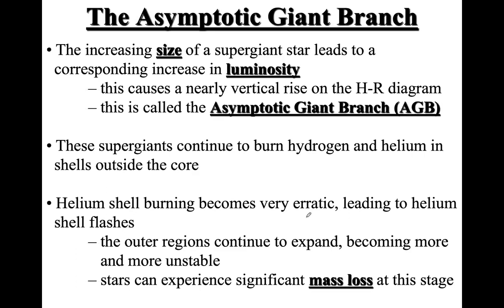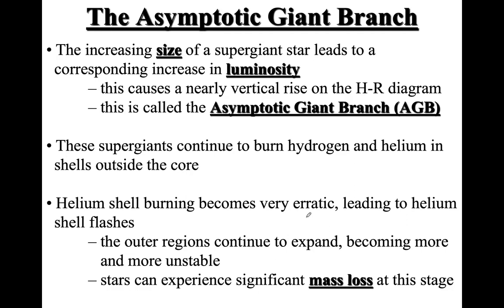So what happens here is this increase in size of a supergiant star leads to a corresponding increase in the luminosity. Remember that under the properties of the stars, we discussed that there are two things that affect the luminosity of a star, that is the temperature and the surface area, right?